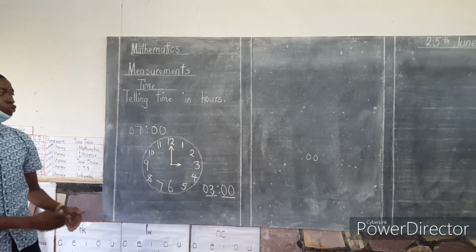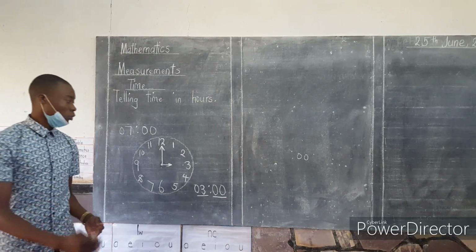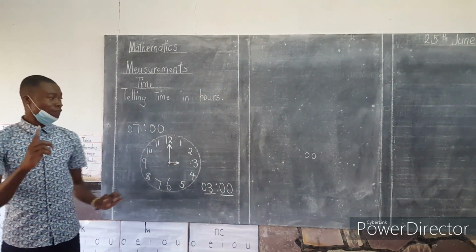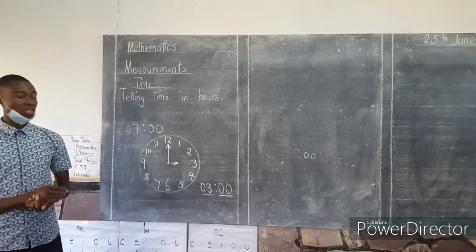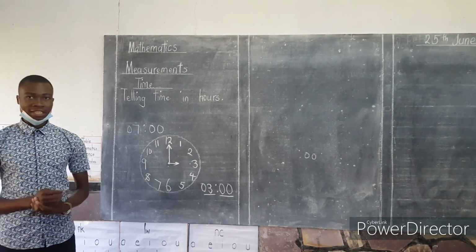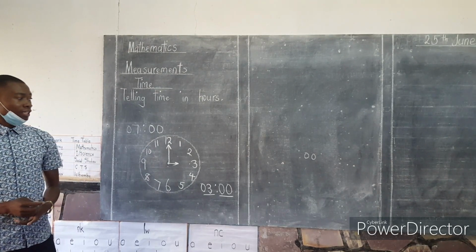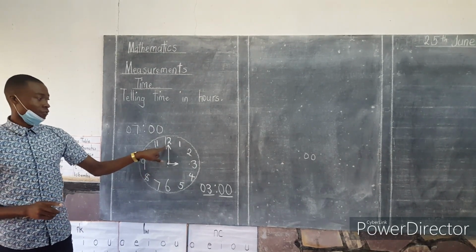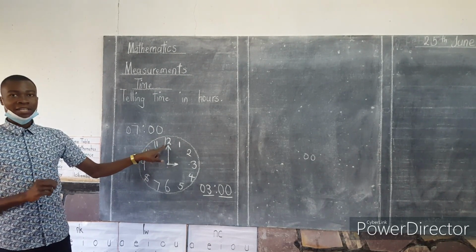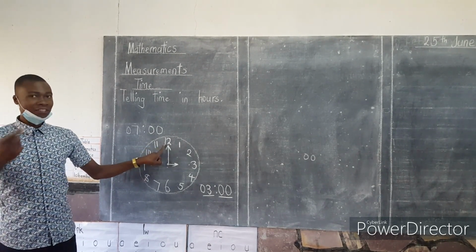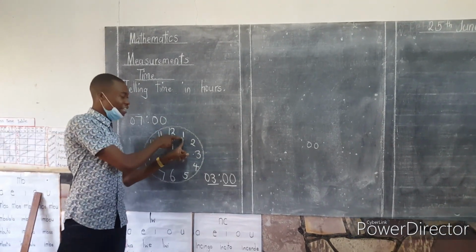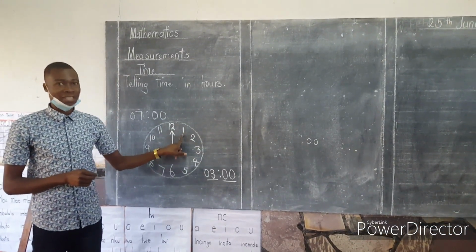Afternoon starts from 12 up to 18. So if we were to tell time in the afternoon, looking at where it is pointing, it starts from 12. If you are counting properly, the number that follows after 12 is 13. If the short hand is pointing at 1, then it becomes 13.